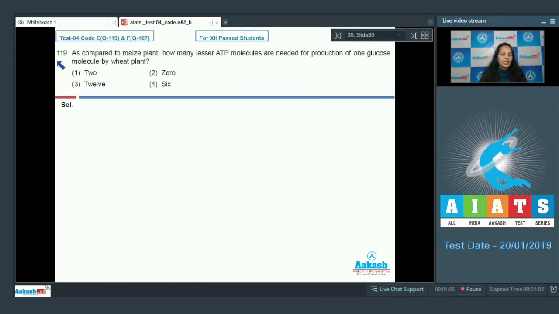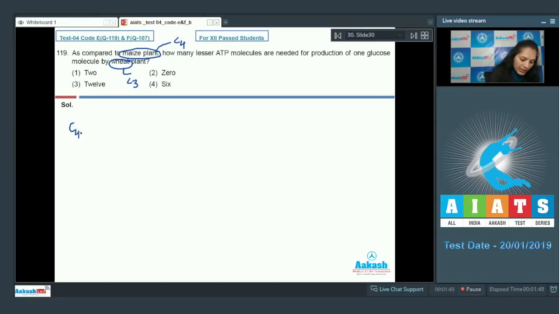Question number 119. As compared to maize plant, how many lesser ATP molecules are needed for production of one glucose molecule by wheat plant? First option 2, second 0, third 12, fourth 6. So maize plant is a C4 plant and wheat plant is a C3 plant. So you have to find out how many lesser ATP molecules are needed for production of one glucose molecule by a C3 plant as compared to a C4 plant.